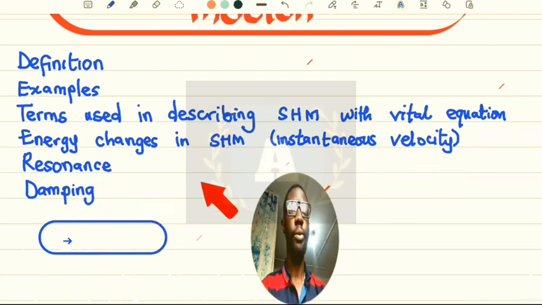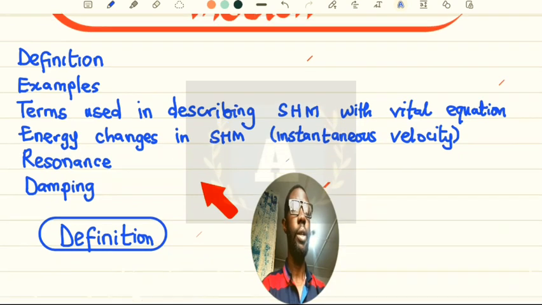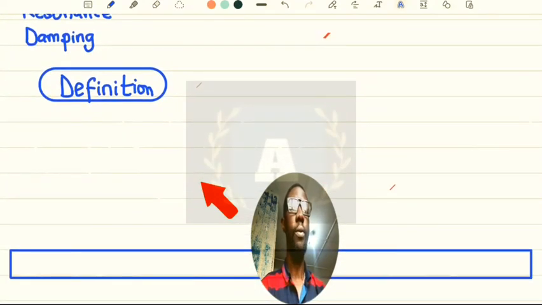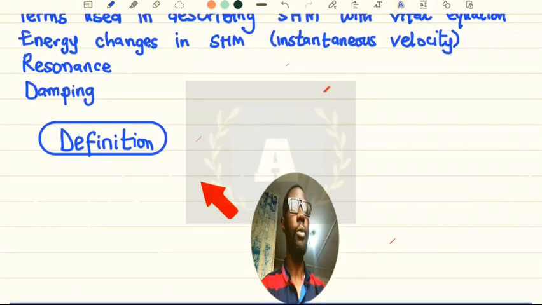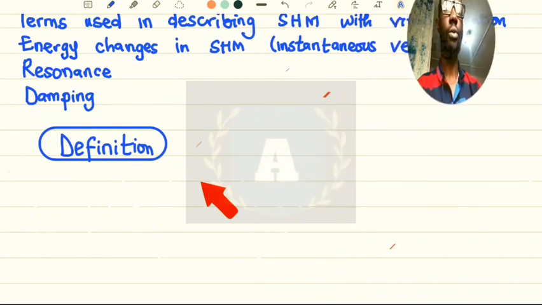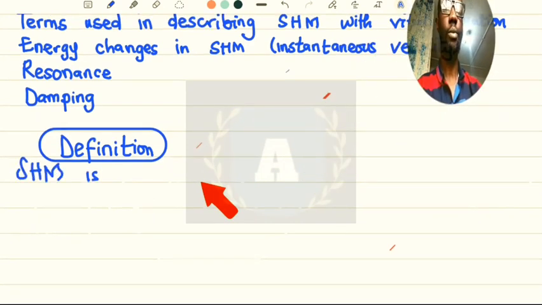So now we're starting with the first thing on the agenda, which is the definition of simple harmonic motion. So how do we define simple harmonic motion?